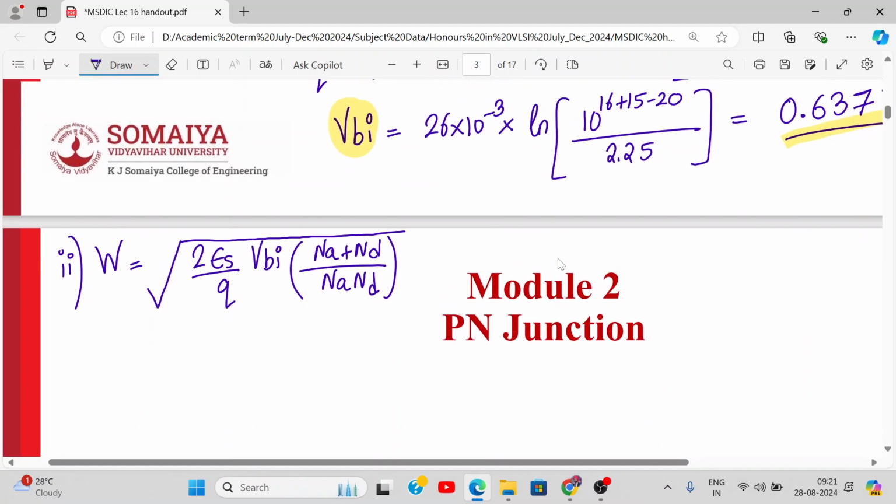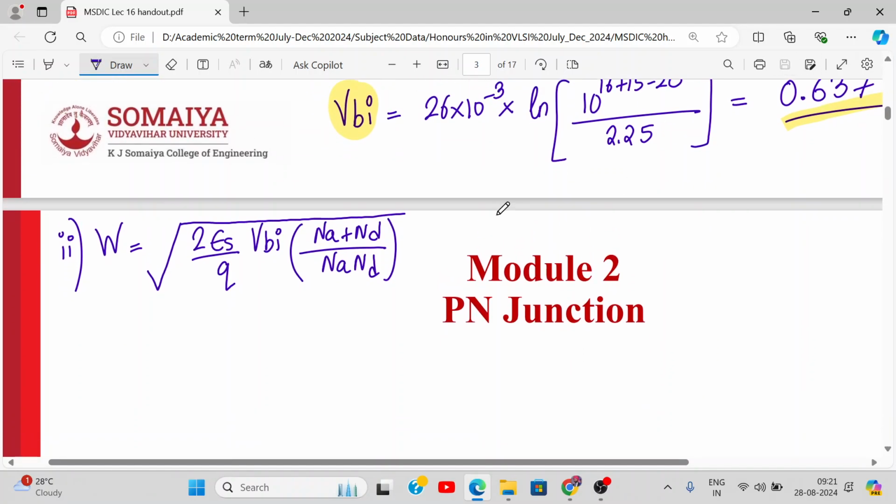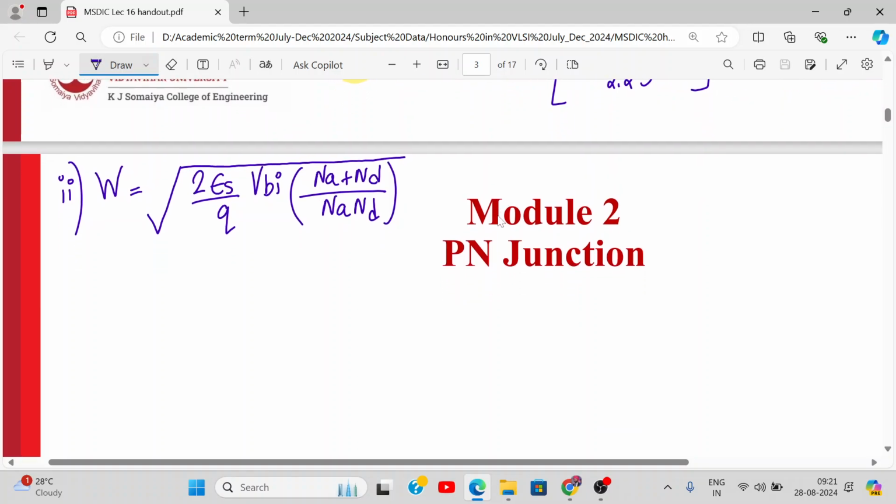If VBI is incorrect, W also will be incorrect. Now calculate this. First of all, epsilon s: epsilon naught into epsilon silicon, so this is 8.854 into 10 raised to minus 14 into 11.7.